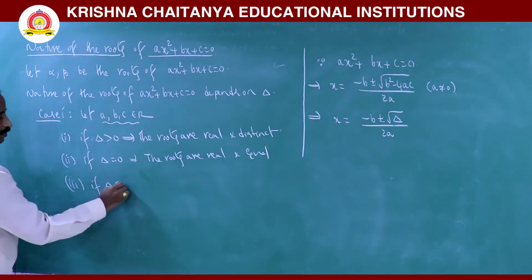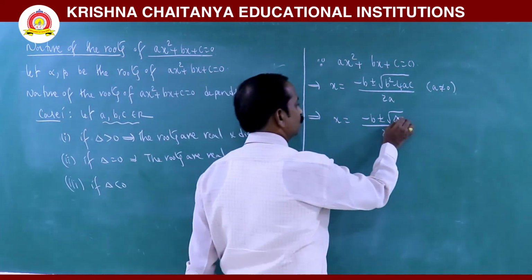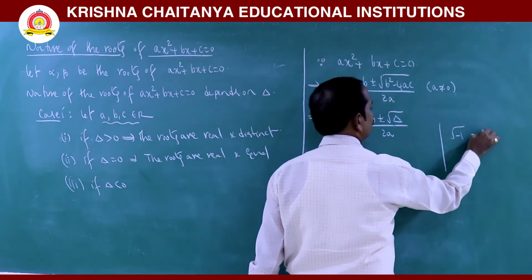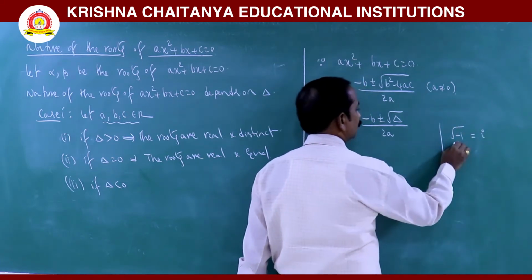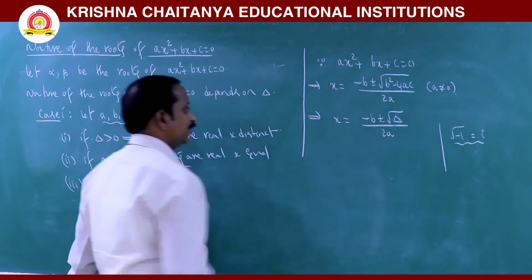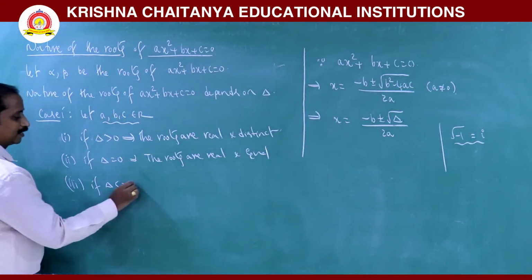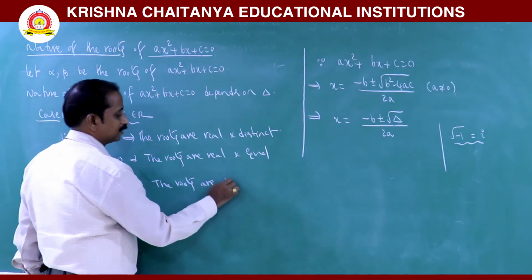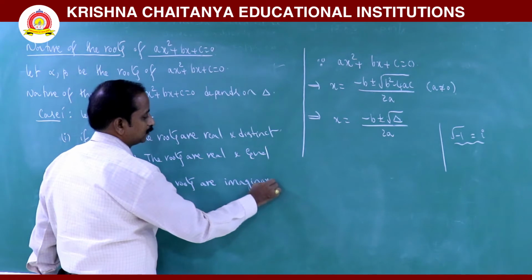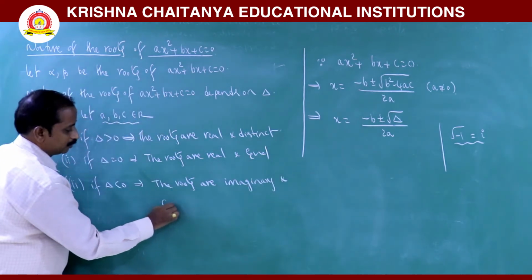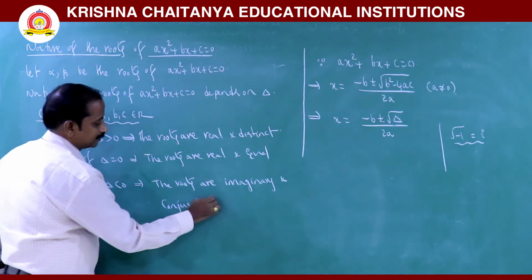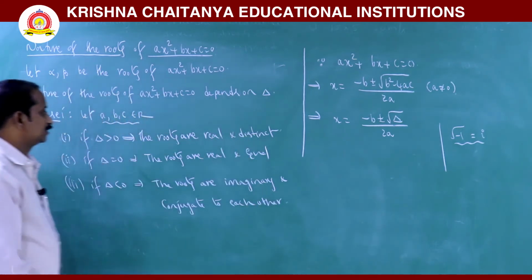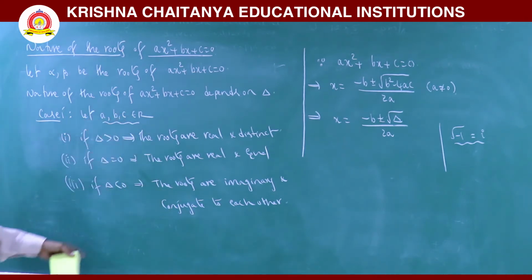If delta is less than 0, it means the root of a negative number. We know that the root of −1 is nothing but i, iota, the imaginary part. So √delta is imaginary. If delta is less than 0, then the roots are imaginary and conjugate to each other. This is case 1, a, b, c belong to R.